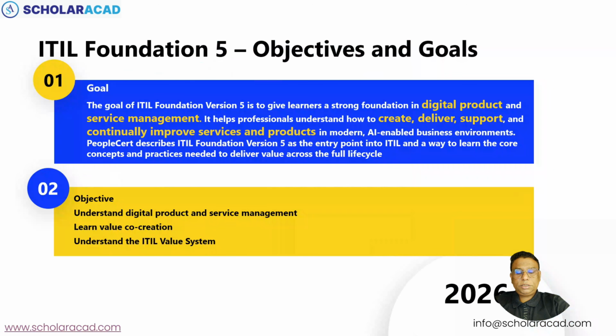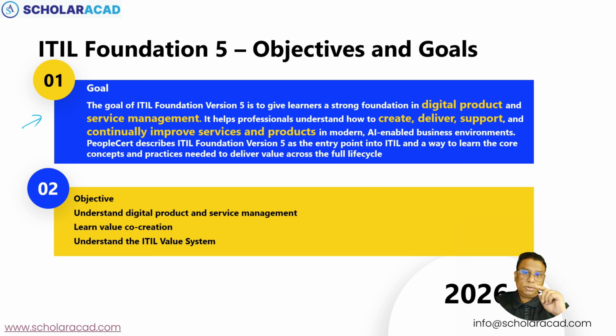Now let's understand the goal and objective of ITIL version 5. The goal of ITIL Foundation version 5 is to give the learner a strong foundation in digital product and service management.